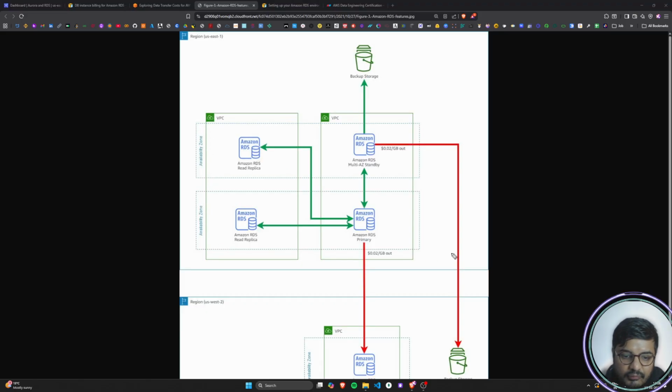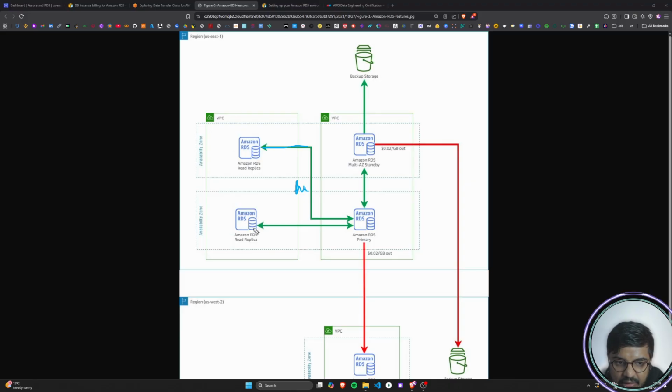Now just see here, if I try to transfer the data from my RDS to another RDS in a different VPC and different availability zone, it will be free.